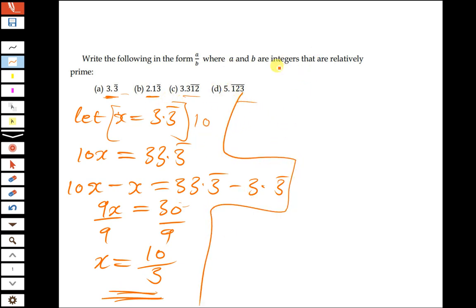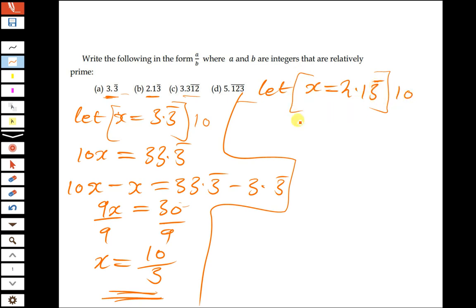So the next one is simply, let x be equal to 2.13 bar. This time there's a number before the repeating number, so we move this point closer to the repeating number. That's the first step. We multiply this by 10 so that the point moves closer to the repeating number.